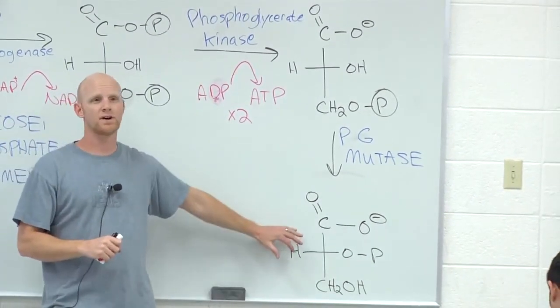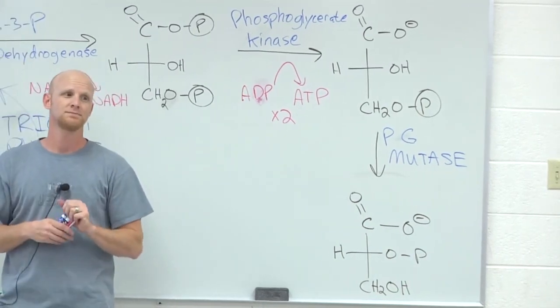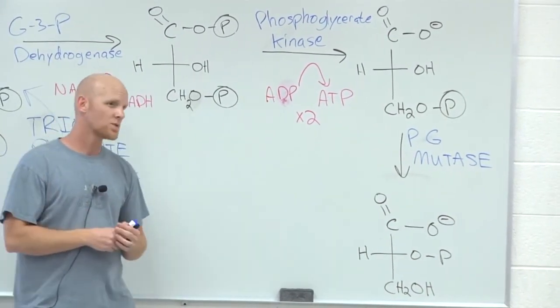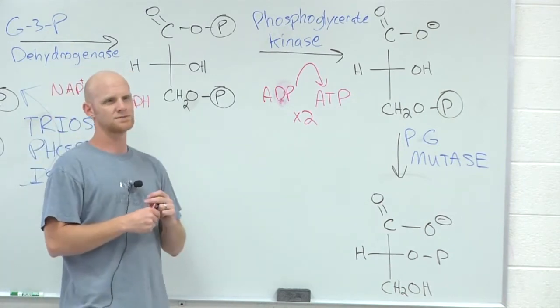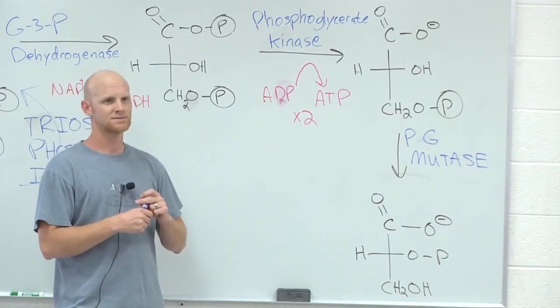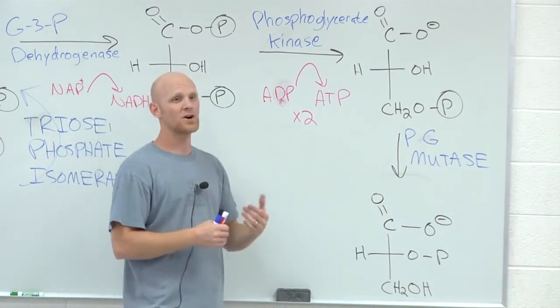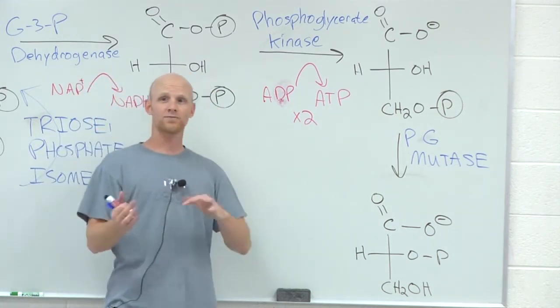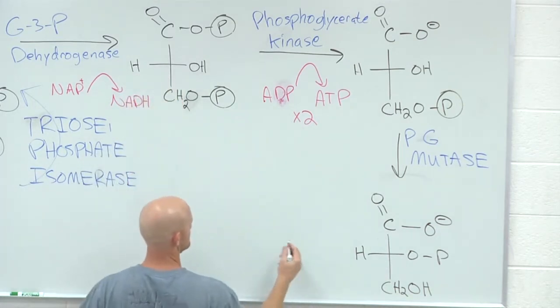Cool, so now we have our 2-phosphoglycerate. Where are we headed from here? So what is it? Phosphoenol pyruvate. What's an enol? An enol is an alkene and an alcohol from the same carbon.